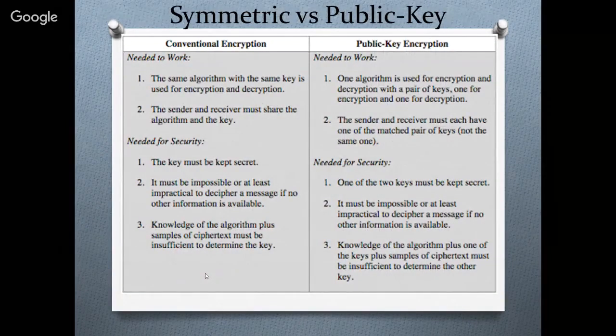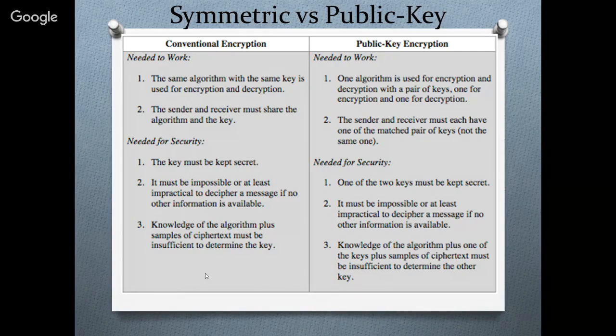So there are differences between conventional encryption and public key encryption. First, in conventional encryption the same algorithm with the same key is used for encryption and decryption, so we are not going to use two different keys. Whereas in public key encryption, we use one key for encryption and the other for decryption, and those two keys are paired to each other before declaring one as public and the other as private.